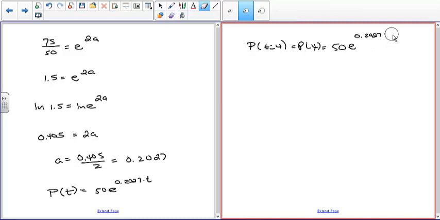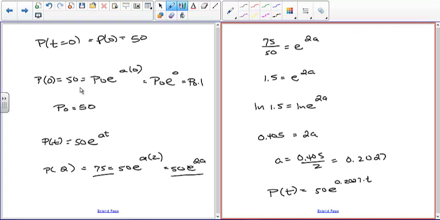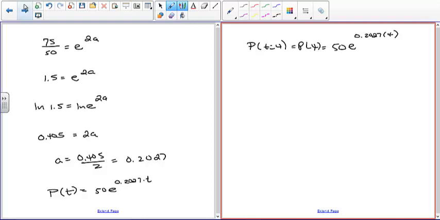What should it be? Well, it should be more than 75, because at 2 days it's 75, and 4 days should be more because it's continuing to increase. So if we get some number less than 75, then we know we've done something wrong.